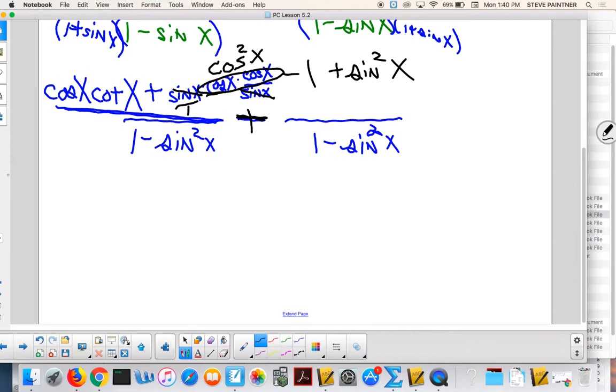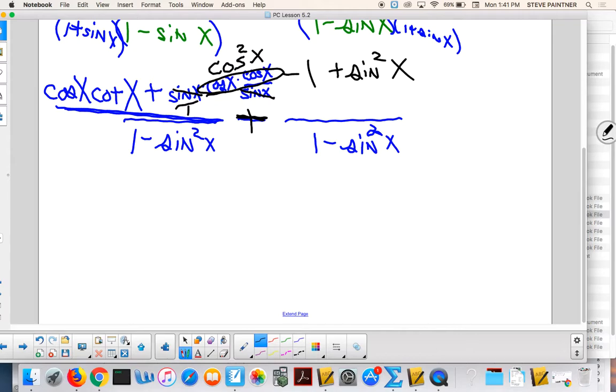Look close. You got some good things up there in the top. Can you change this to cosine cubed? No, it's adding. I read it wrong.